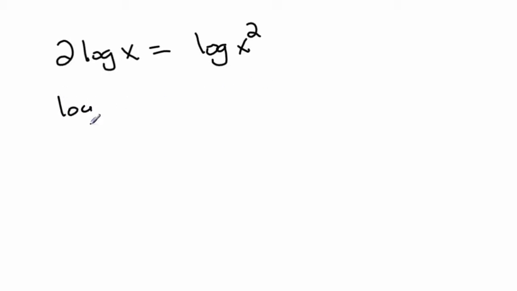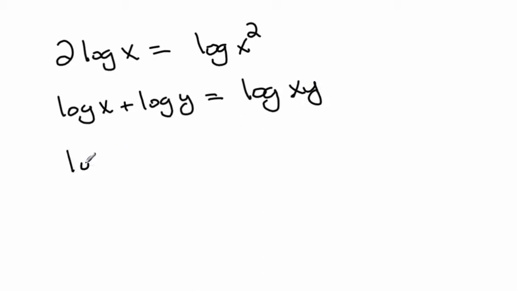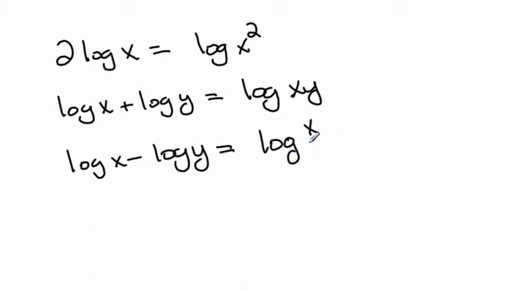If I have log of x plus log of y, I can write that as log of xy. And if I have log of x minus log of y, I can write that as log of x over y. So we have those properties.